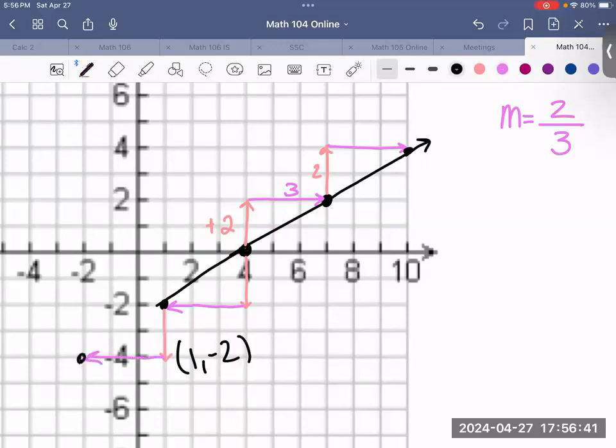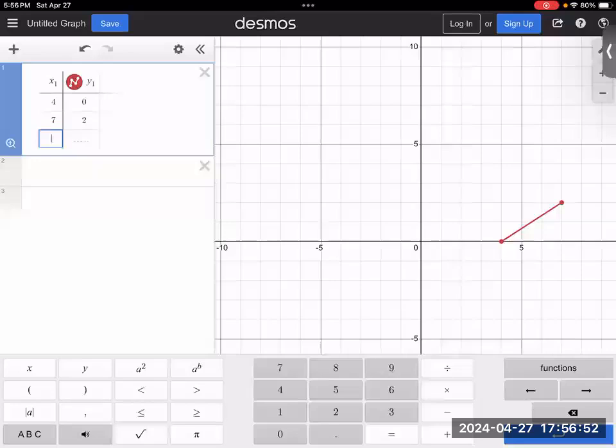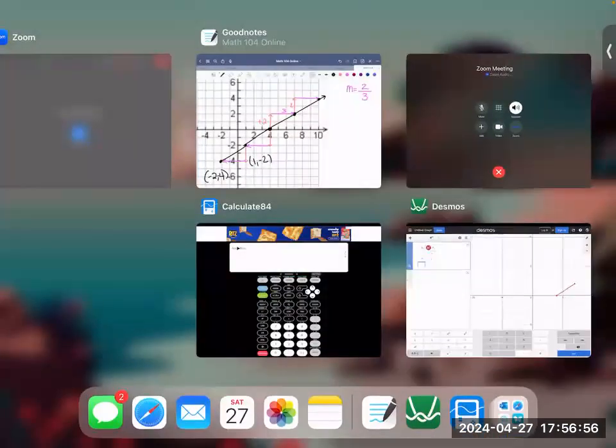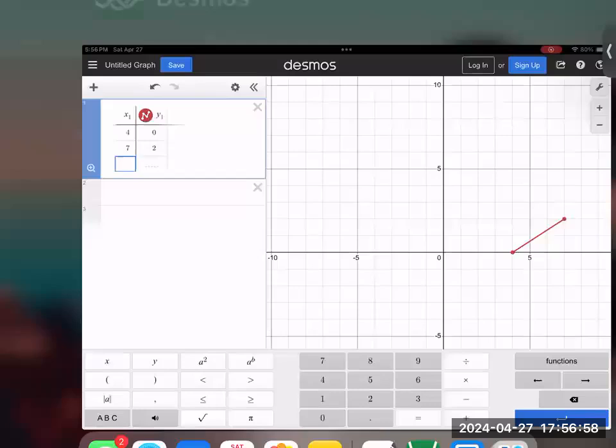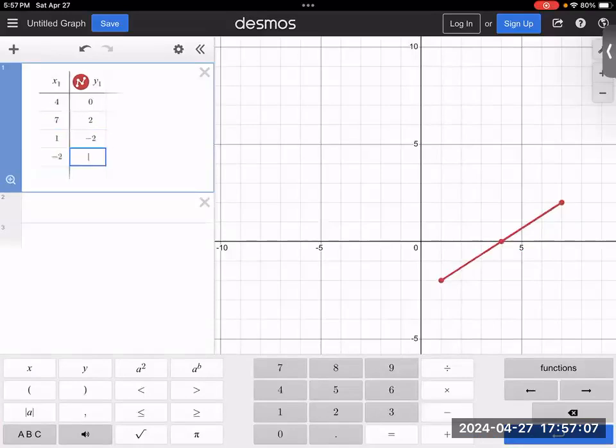We should get one more point here, being -2 and a -4. So let's do that. Oh, I already forgot our values. 1, -2. We said -2 and a -4.